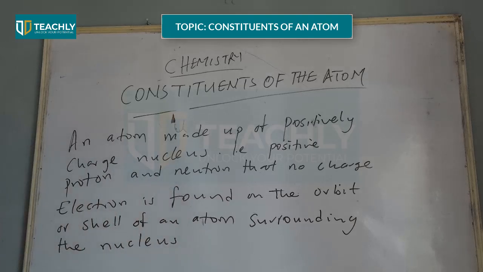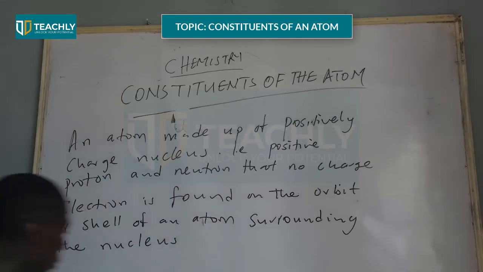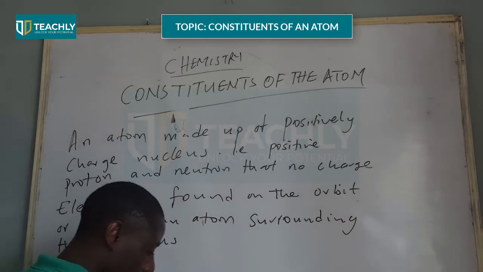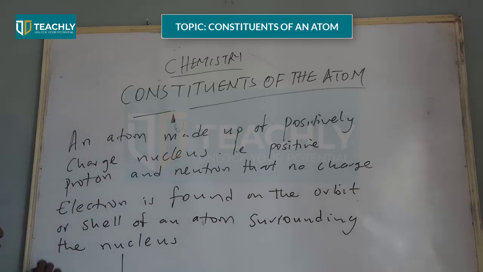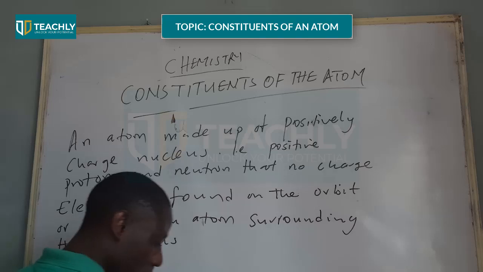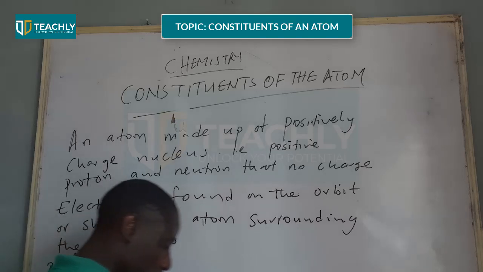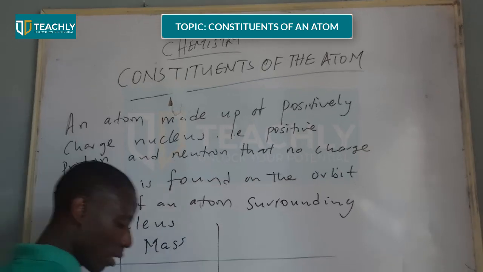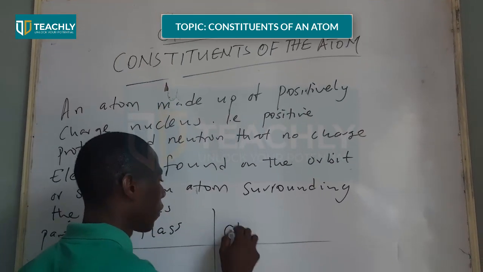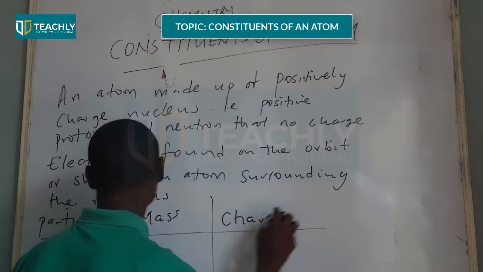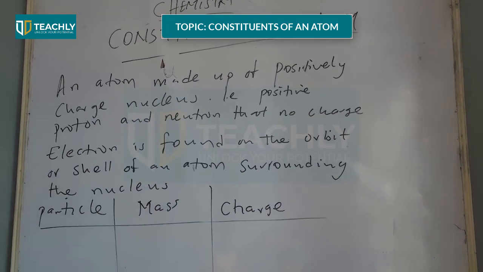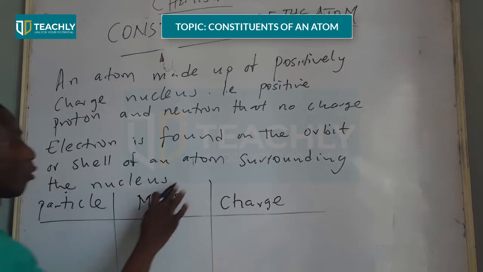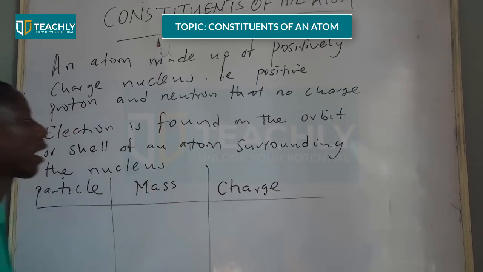Let us put this in tabular form and look at the properties of these particles. Here we have the particle, here we have mass, and here we have charge. I want to summarize the properties of the three particles of an atom.